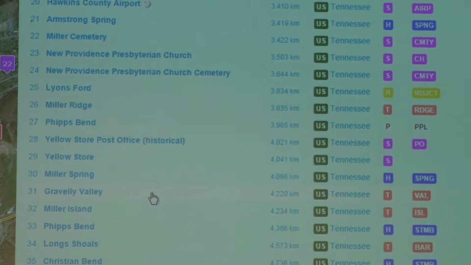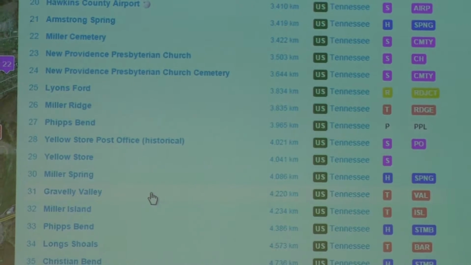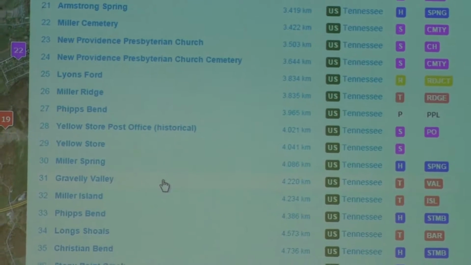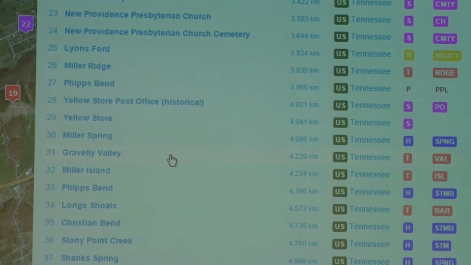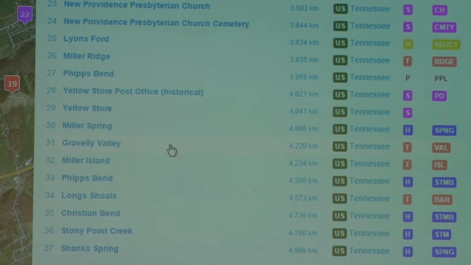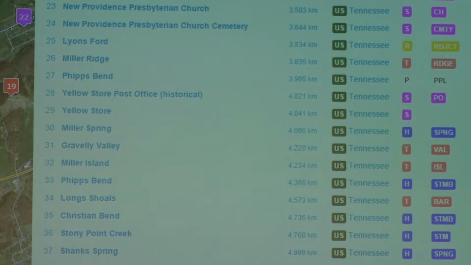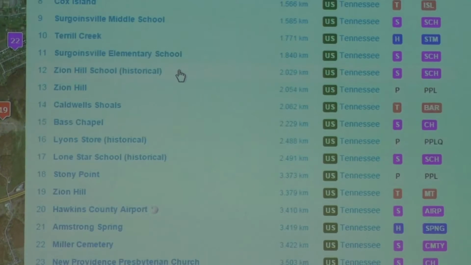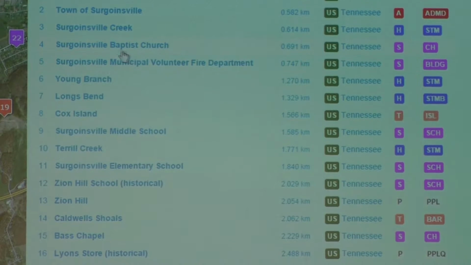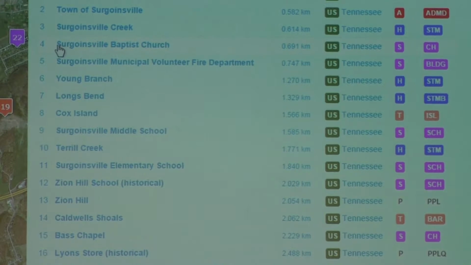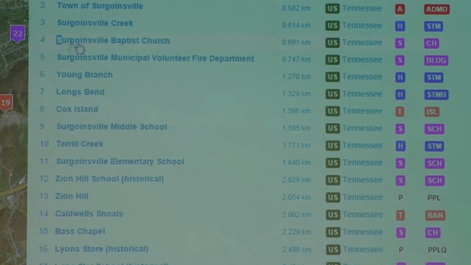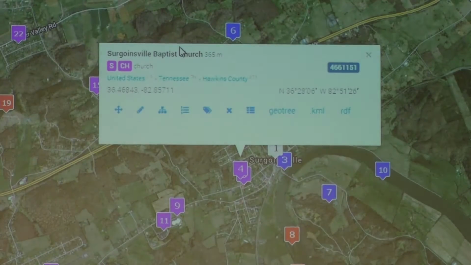So what do we do? What do we do with that? We can look for the records. Right, so how do we start finding the records for these churches? Well, let's say we find this one that's called the Surgeonville Baptist Church. And so we're going to highlight that.